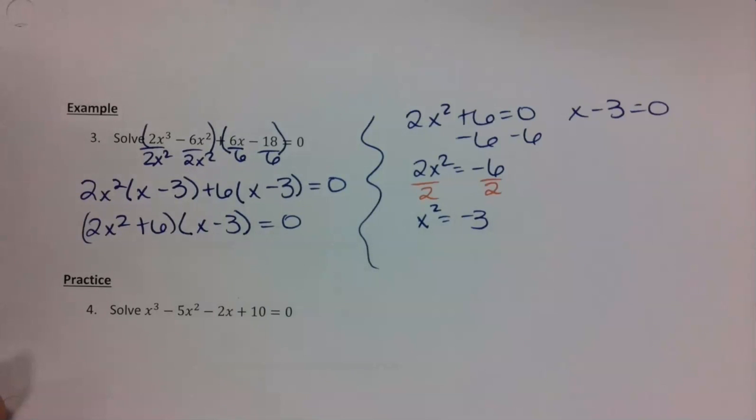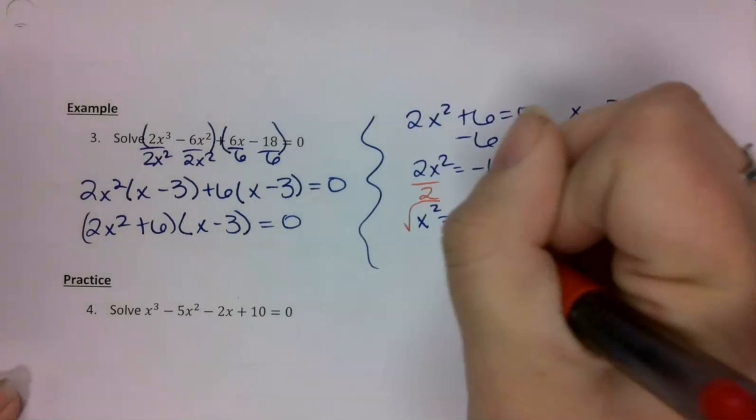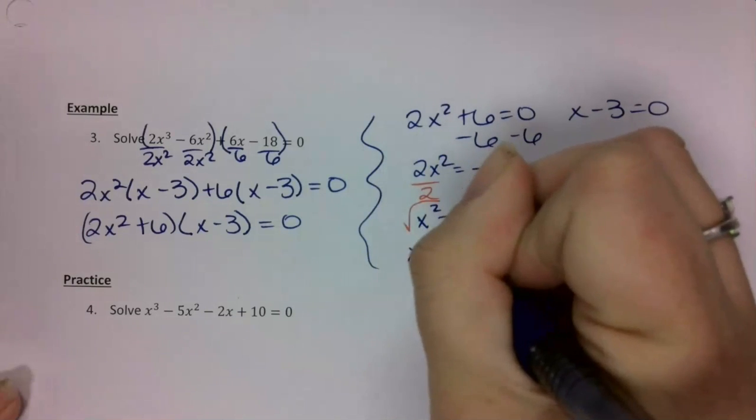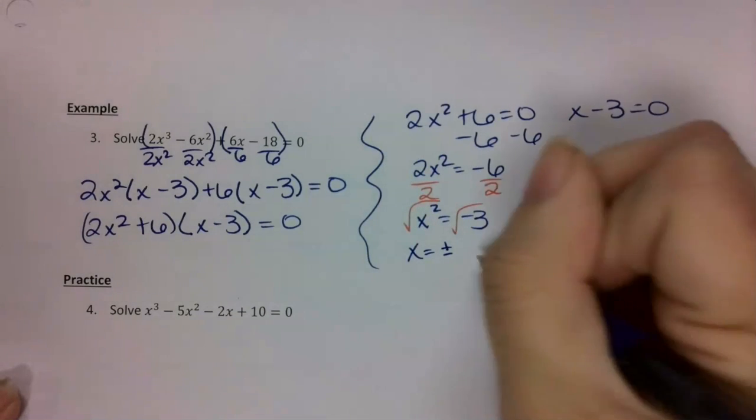Then I want to go ahead and get rid of that exponent, so I'm going to square root both sides. I get x on the left, plus or minus, I have square root of negative 3.